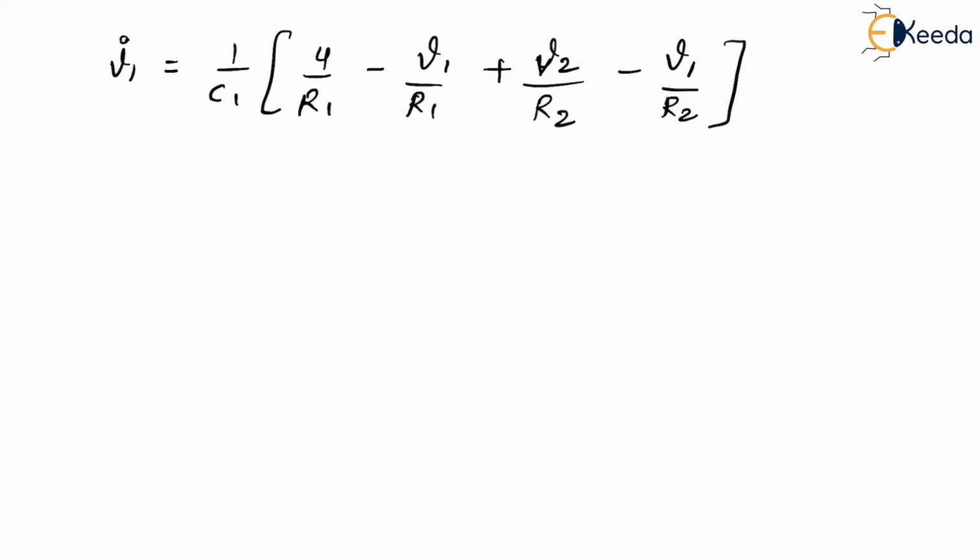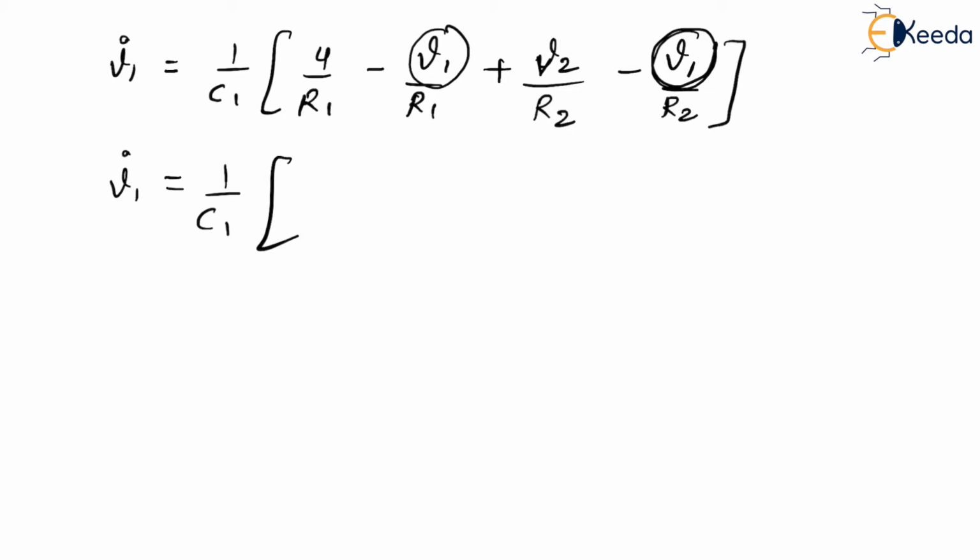Now let me just rearrange it one more time. So this V1 dot is going to be 1 by C1 into, if you just observe here, this V1 and this V1 are actually the same.